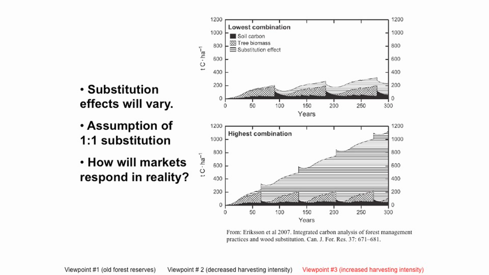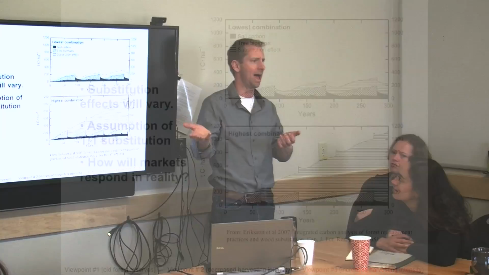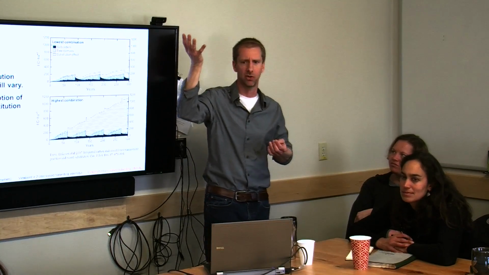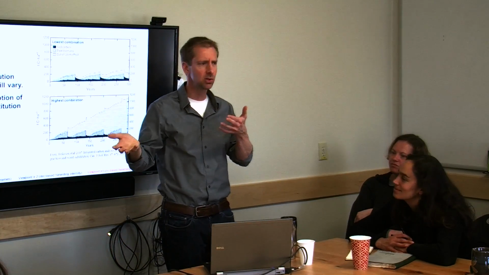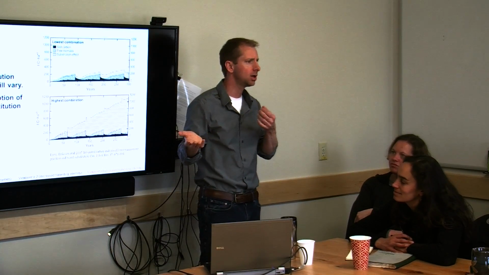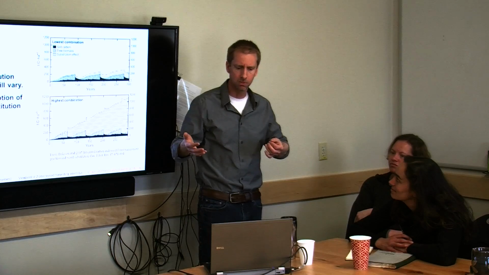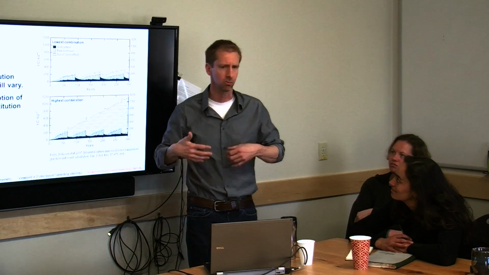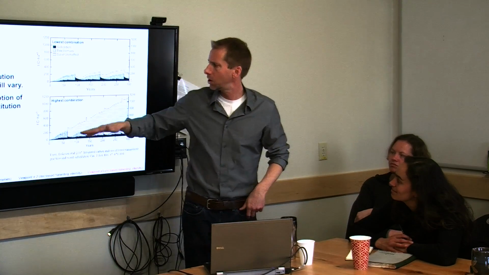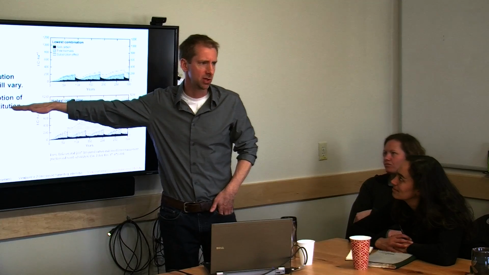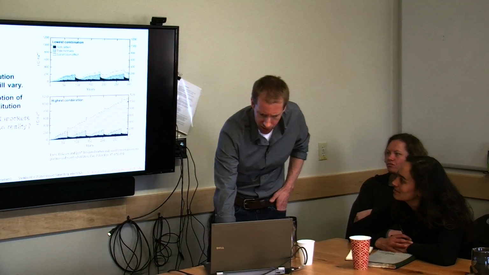You've got supply and demand curves. If supply decreases, then you guys tell me what happens. Price increases, right? And so then demand might then decrease as well, or other ways markets respond is by increasing efficiencies or increasing recycling and reuse. So this is probably a little too simple.